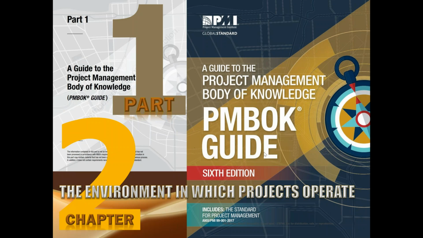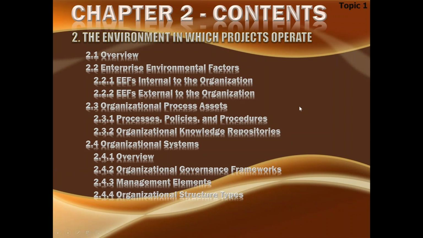Okay. So chapter 2 is about the environment in which the project operates. I hope you can see that. What we are going to be covering here today is the overview and enterprise environmental factors, where we'll talk about internal and external.